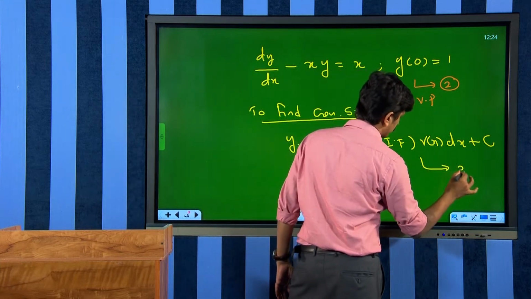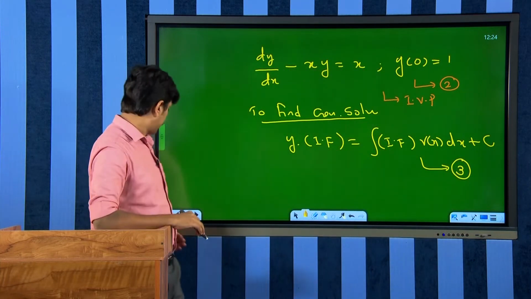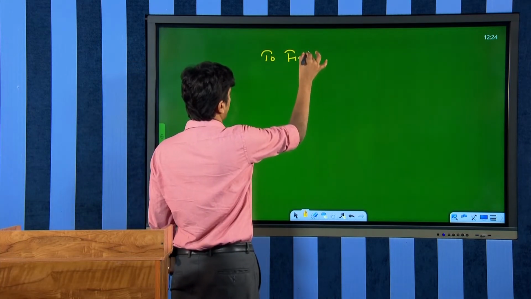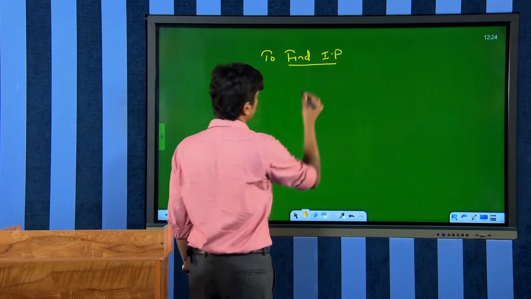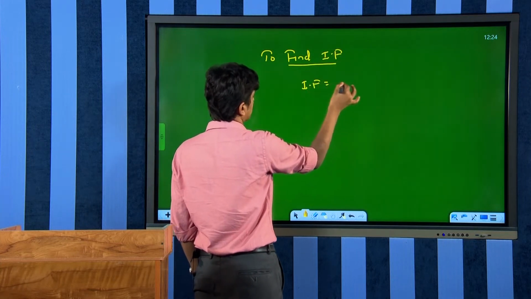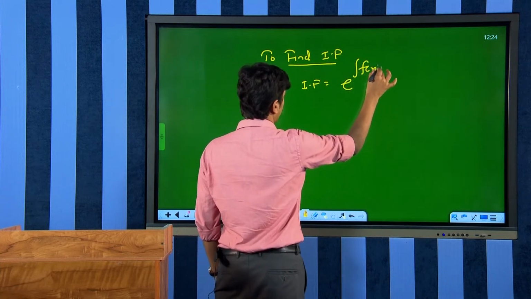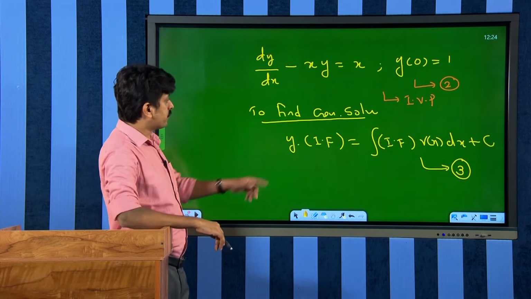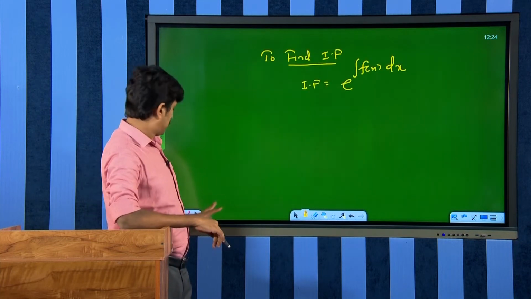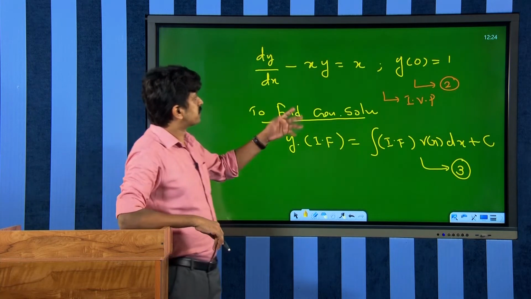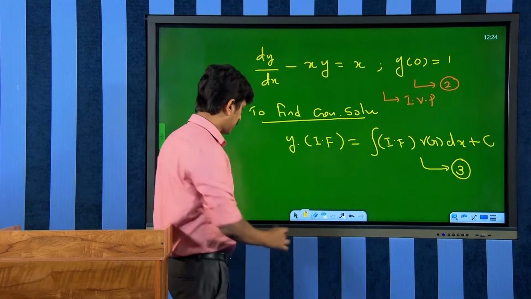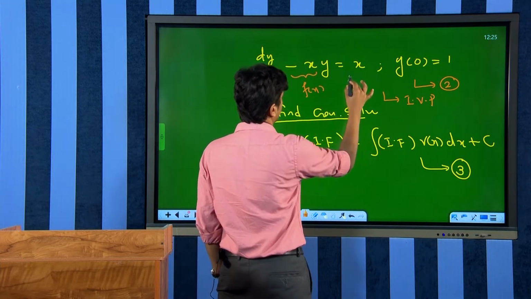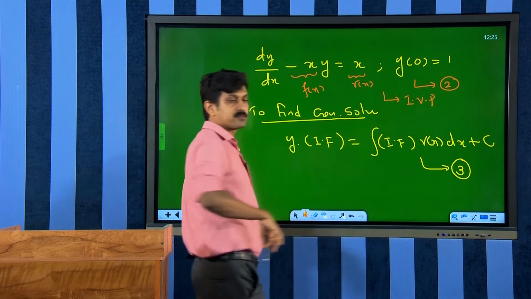We can call this equation number 3. We have to find the integrating factor. To find it, we have the formula: integrating factor equals e raised to the integral of f of x dx. Here f of x is minus x, and this is r of x.